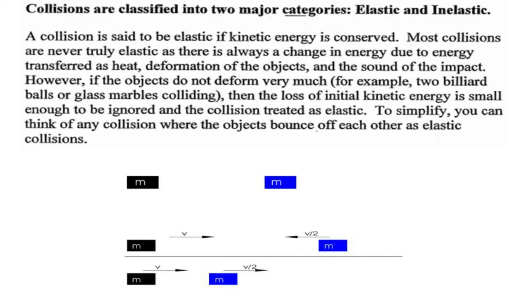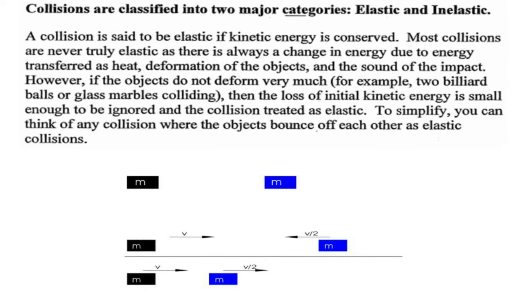To simplify, you can think of any collision where the objects bounce off each other as an elastic collision. For example, we can have three different scenarios of the elastic collision. Let's look at these three different scenarios that we can have.